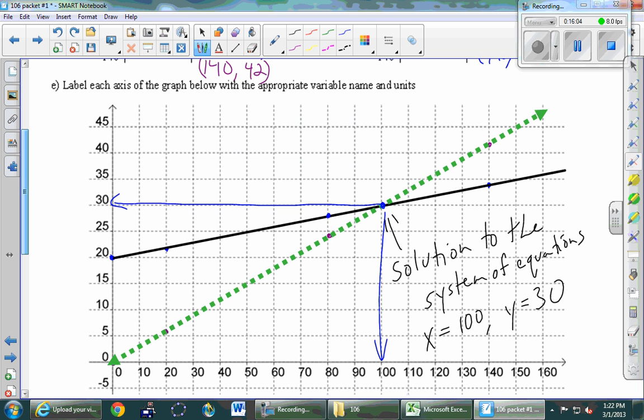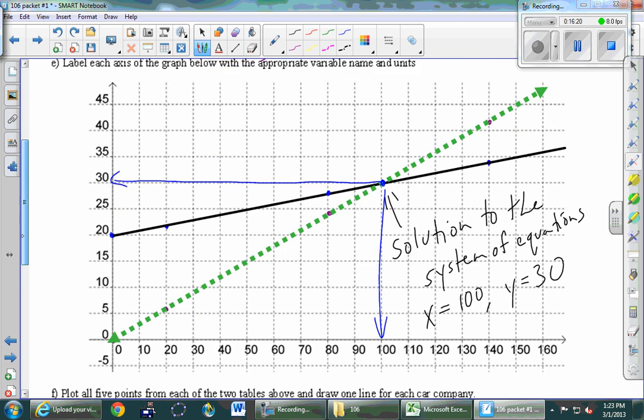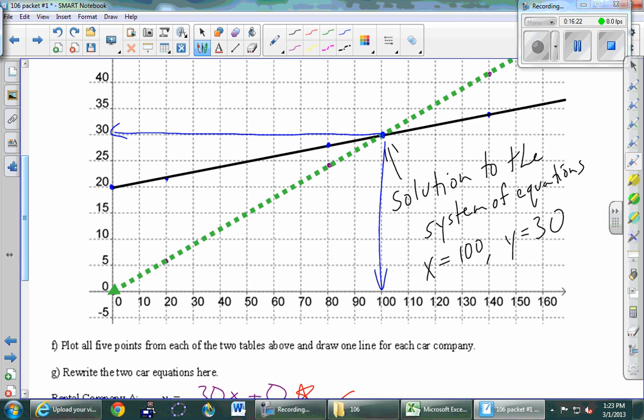How? If they're exactly the same line. It's kind of cheesy, but if you drew the same line twice, then any point on the line is on both lines automatically. So in that case, how many solutions would it have? Infinitely many, any point. We'll see that. But those are special. Almost all the time, Evan, it's exactly one solution.